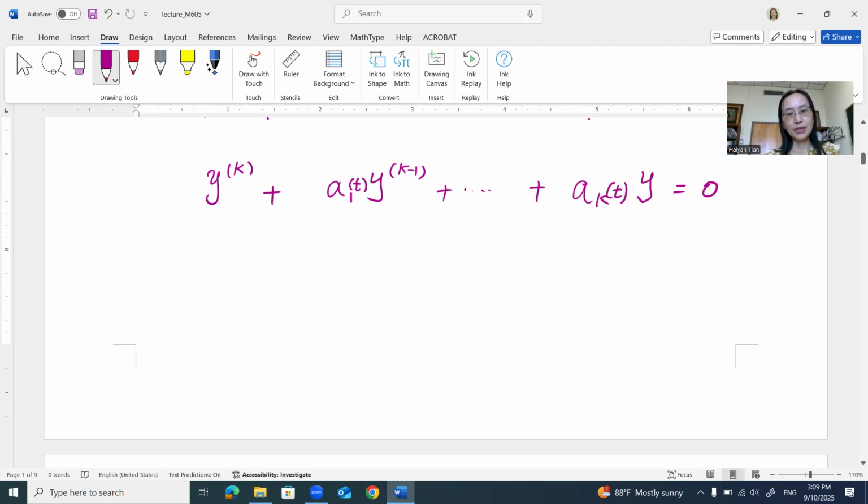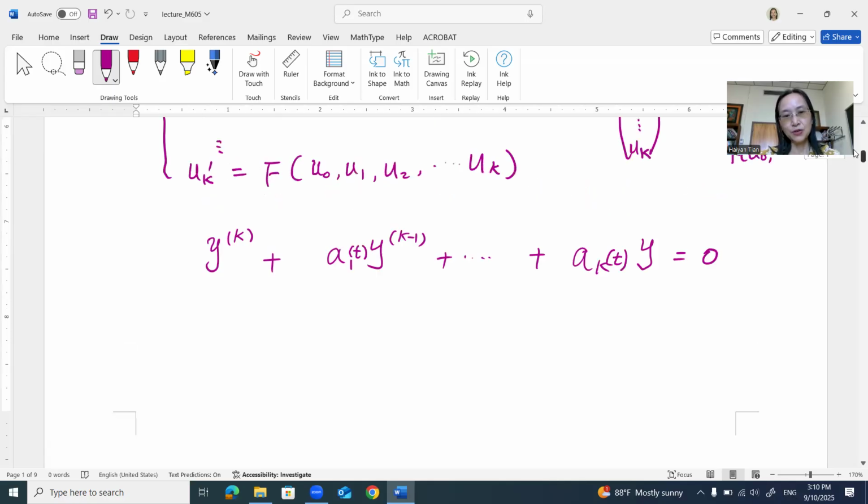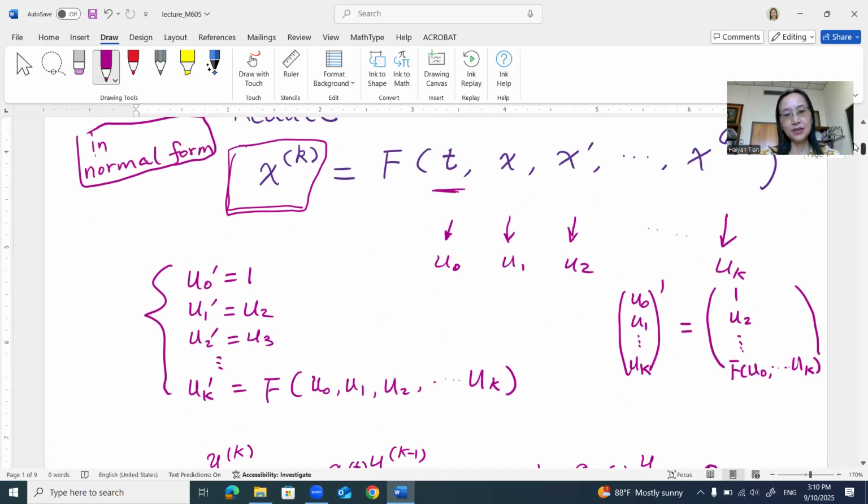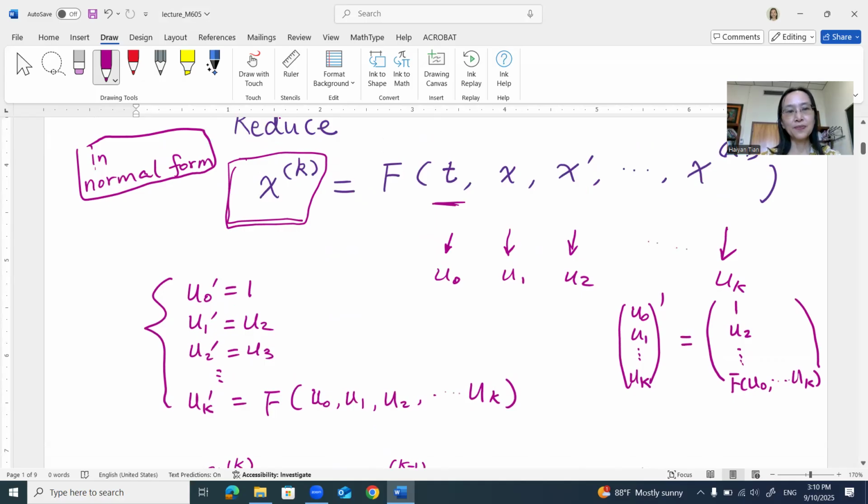So suppose I have an equation that is of the kth order. Certainly if I move everything to the right-hand side, then you have the normal form of a kth order equation. So it's a really similar situation you can get immediately. So what is the capital F?